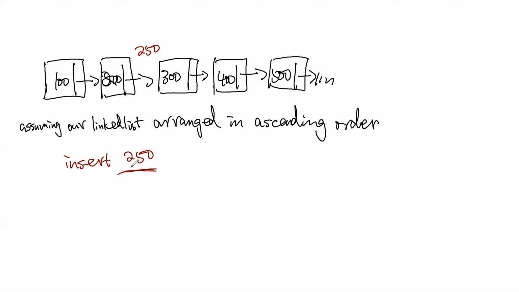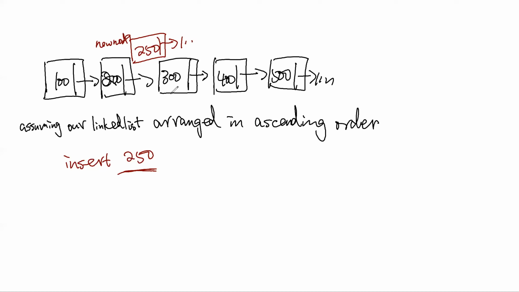So visually you can see, I can do something like this. Because I need to store it in a node, I create a new node. After you create a new node, then what?